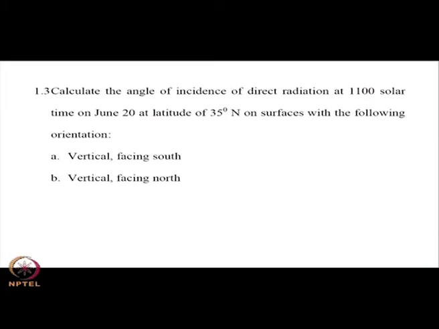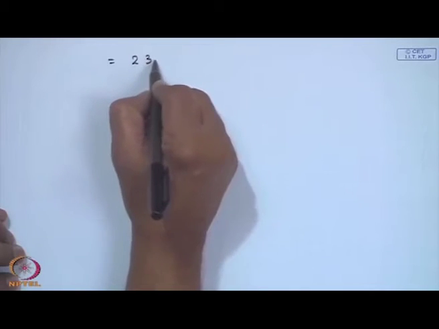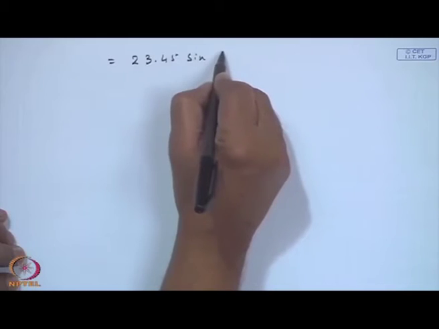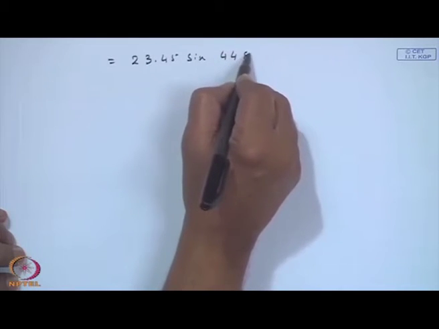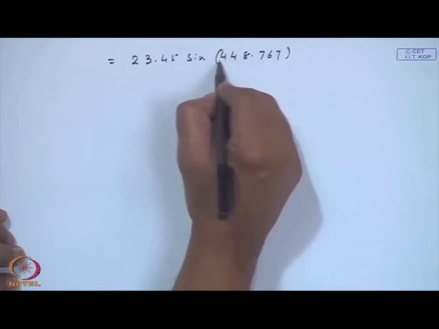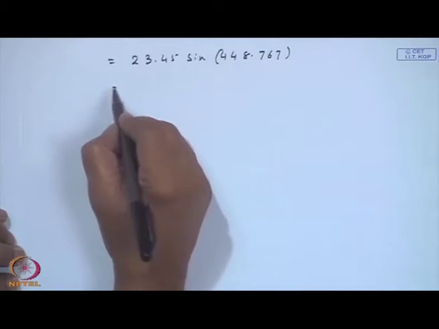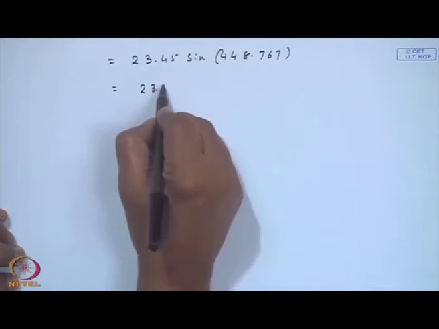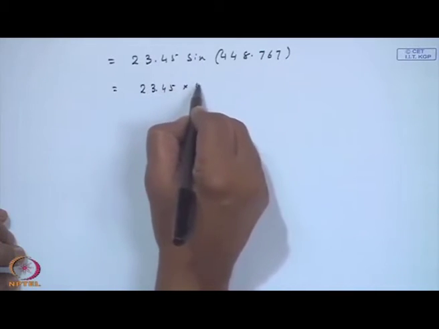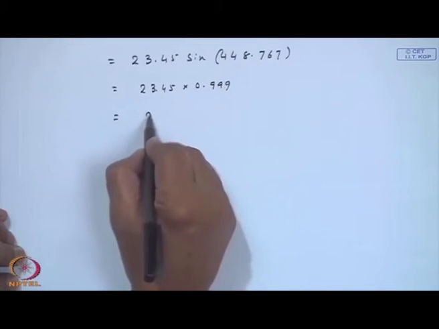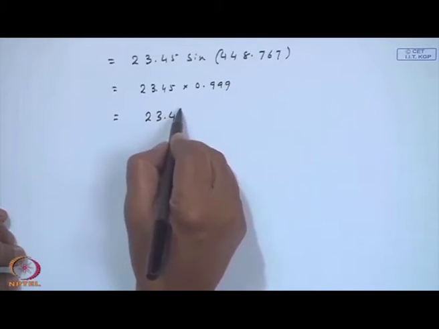So, this turns out to be 23.45 sin 448.67 equals to, it's a large number, you can calculate it, 23.45 into 0.999 equal to 23.4 degrees.